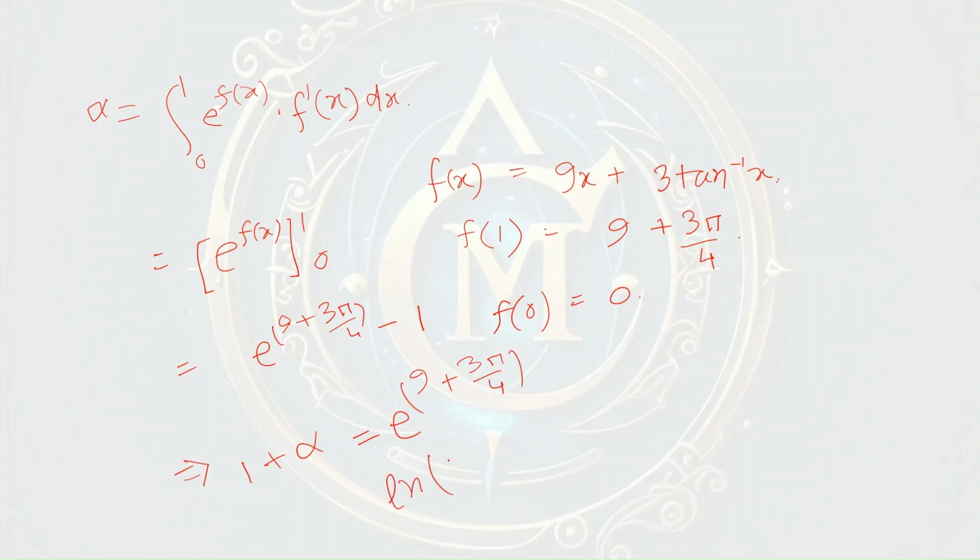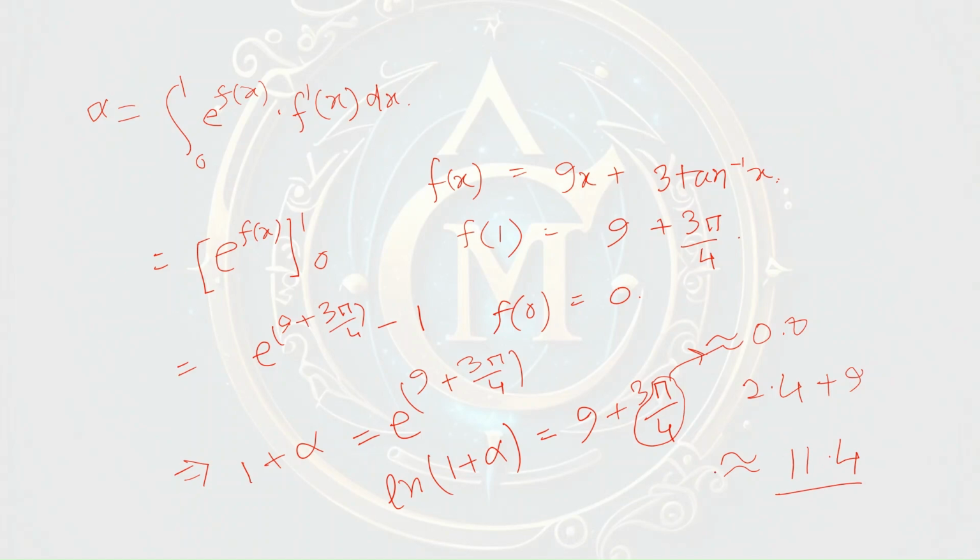So log of 1 plus alpha with respect to the base e will be 9 plus 3 pi by 4. We know that the value of pi by 4 is approximately 0.8. So 3 times 0.8 will be 2.4 and plus 9. So this will be approximately 11.4.